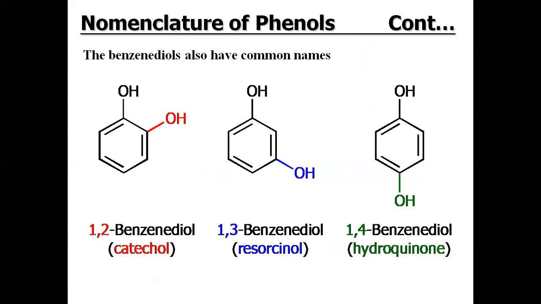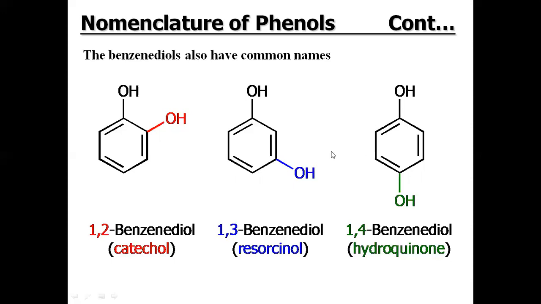We have some common names for the phenols having more than one hydroxyl group. Let's say, for example, if we have another hydroxyl group next to the first hydroxyl group, it is known as 1,2-benzenediol, and its common name is catechol.